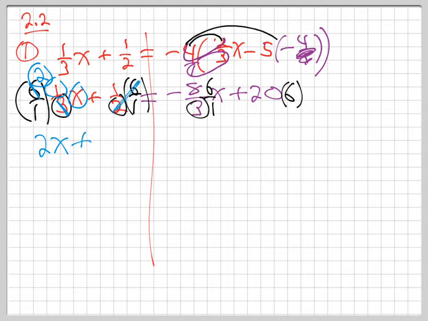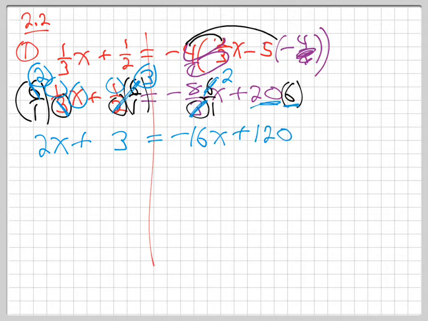Plus, 2 goes into 6 3 times, so we just get 3. 3 times 1 is just 3. 3 into 6 is 2 times 8, 16, it's negative 8x. Plus 20 times 6, 120.